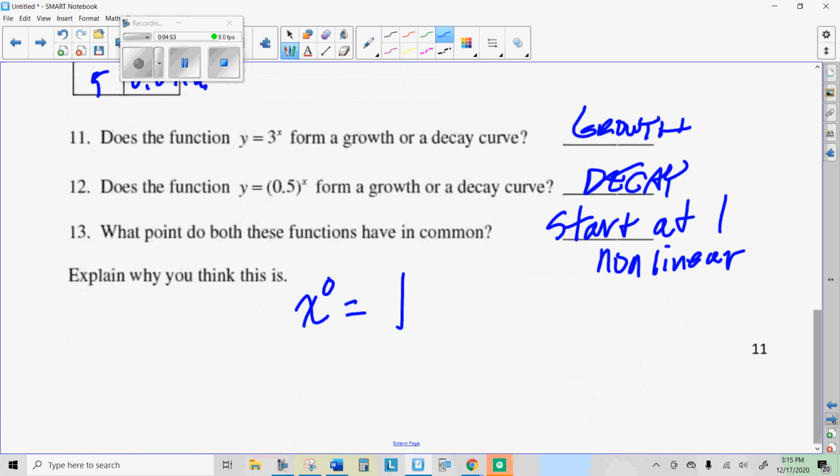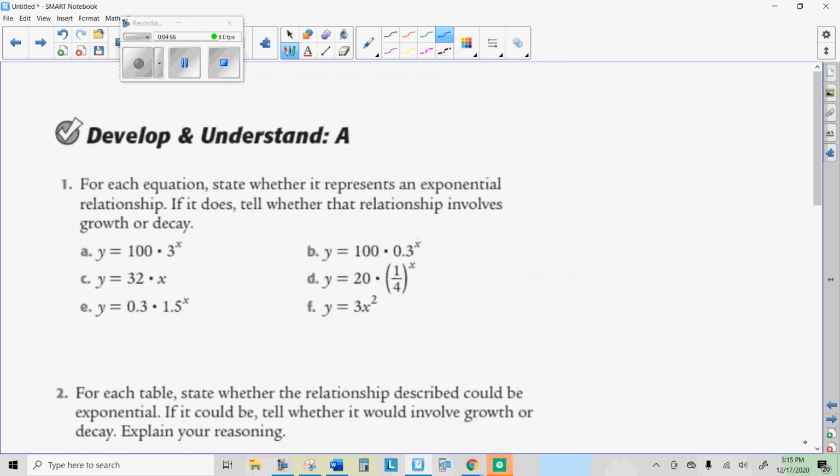For this set, we're going to state whether we have an exponential relationship or not. Here's your clue. If it's exponential, you should be able to write it this way. You should have x as a power, you should have a base, and then you may or may not have a number in front.